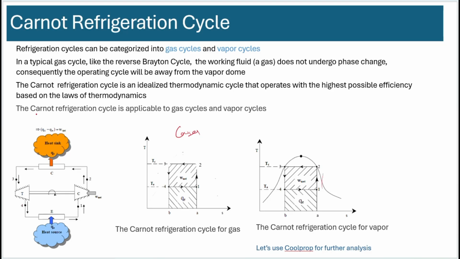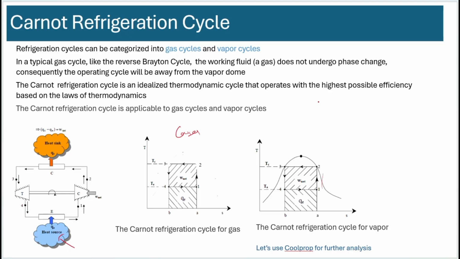Before we get into that, let's try to understand one more thing about the TS diagram. If this was a Carnot refrigeration cycle, and you wanted to understand the Q going into the lower side and the Q leaving from the high temperature side, what you would do is integrate on the TS diagram.